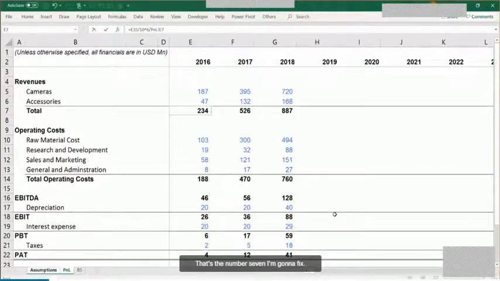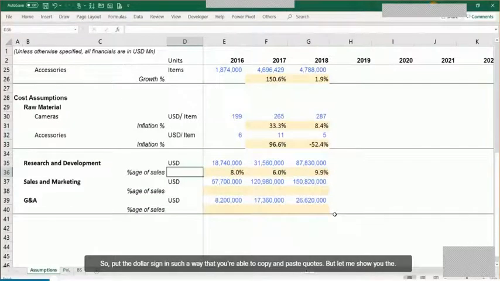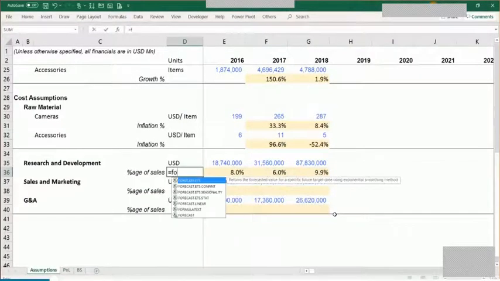So I'm going to fix the row number 7, but because E is for 2016, and as we go on the right hand side, we would want E to be shifted to F and then eventually to G. So put the dollar sign in such a way that you're able to copy and paste it across the rows. So let me show you the formula here.